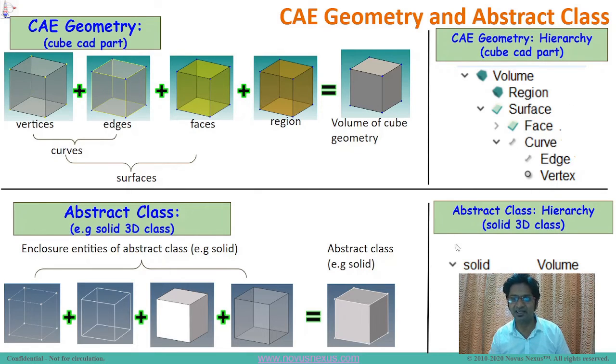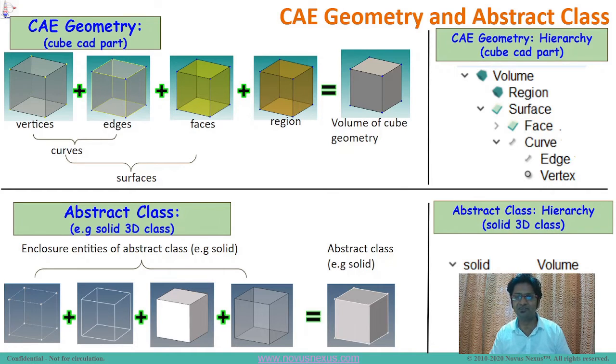Similarly, the enclosure entities of abstract class include the boundary, interface, interior, and prune. If I take the example of a cube geometry, it is made up of a region, faces, edges, and vertices. Similarly, any abstract class also has respective enclosure entities. So that's all about abstract class.